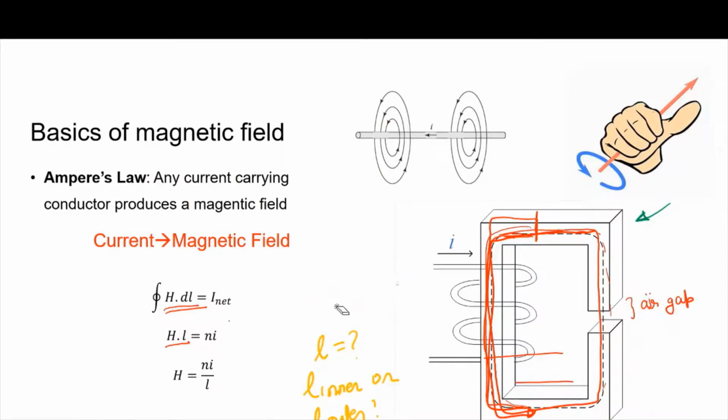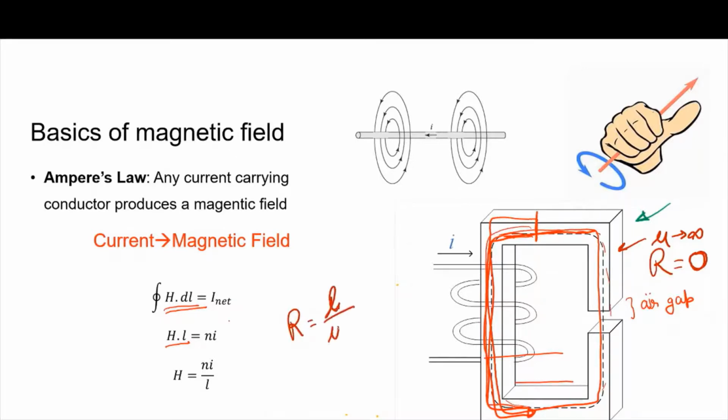If the permeability is infinite, then all the flux lines will exist in the core. If we have mu infinite, what is the reluctance? It is L by mu times A. If mu is infinite, an infinitely permeable material, the reluctance is zero. With zero reluctance, the flux will follow that path rather than any other.